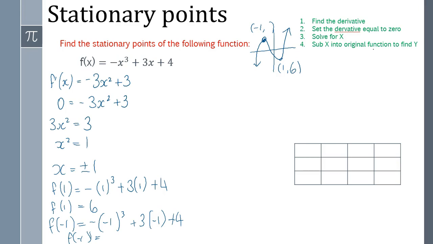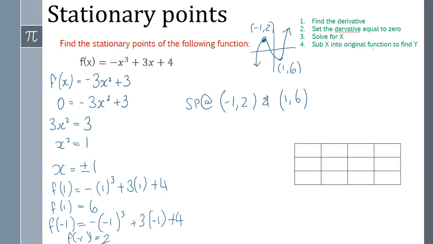That would give us 2. So I have stationary points at -1, 2 and 1, 6. So 2 points, and now I'm going to find out whether they are maximums or minimums.